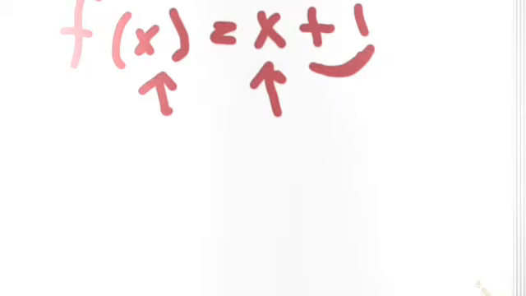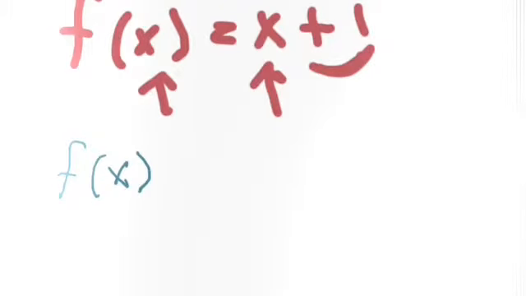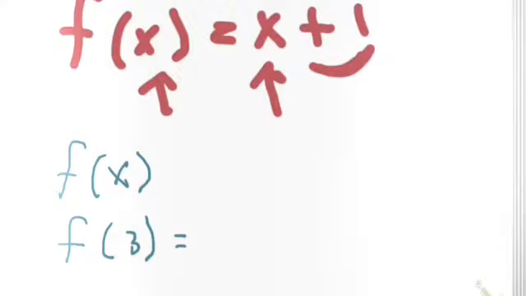A mathematical function actually has 3 components. An input, which is whatever we put in for x. So going back to the other problem, our input would be 3. The second component is the relationship.